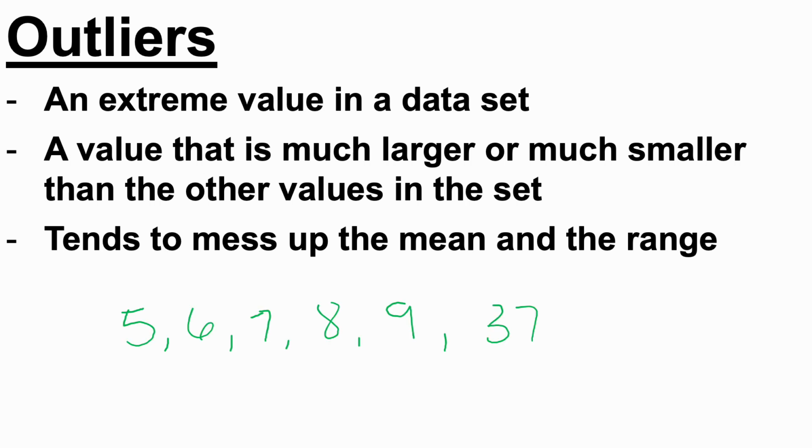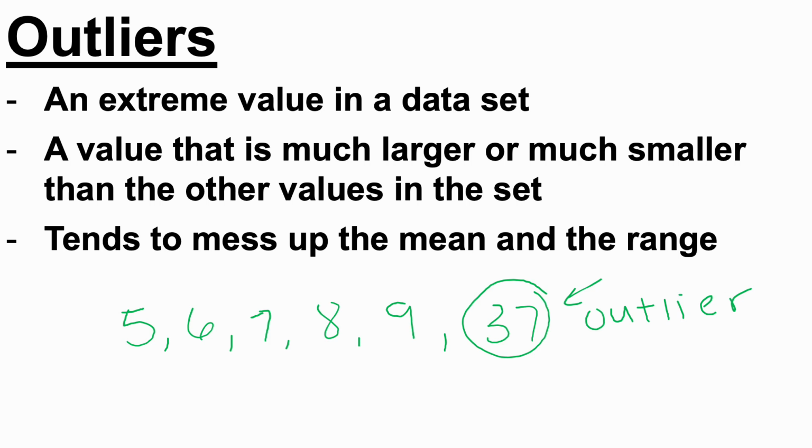The average and the range of numbers are messed up by these outliers. Here's an example. The data set I just wrote down is 5, 6, 7, 8, 9, and 37. Most of our values are between 5 and 9. However, this big number at the end, 37, would be our outlier.